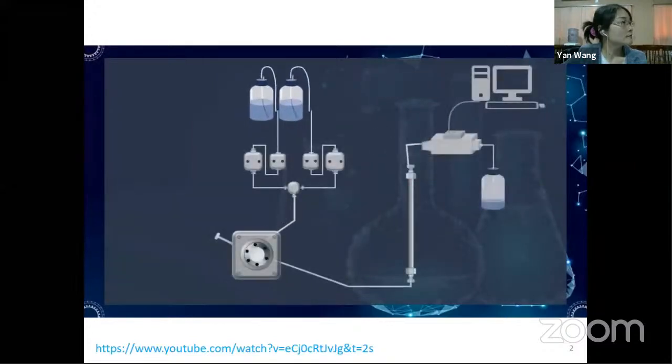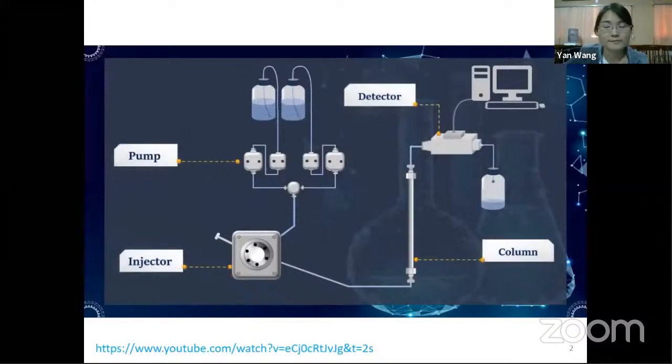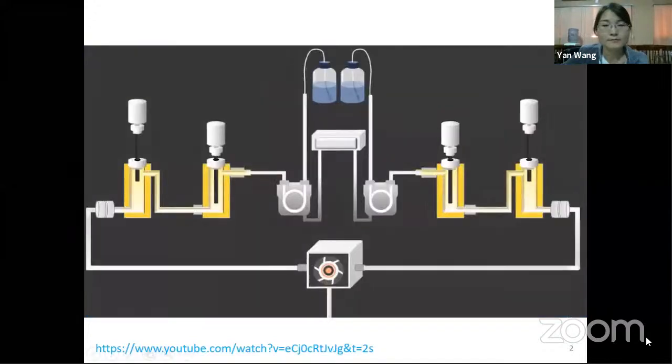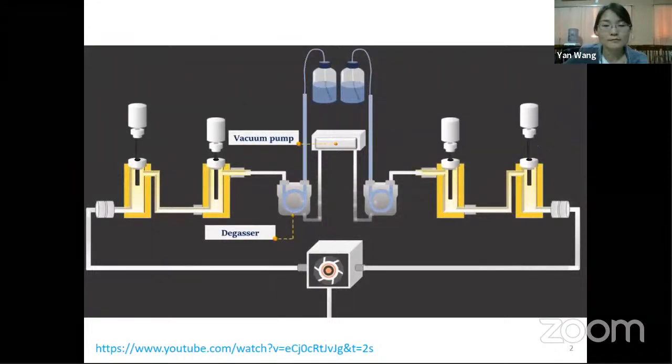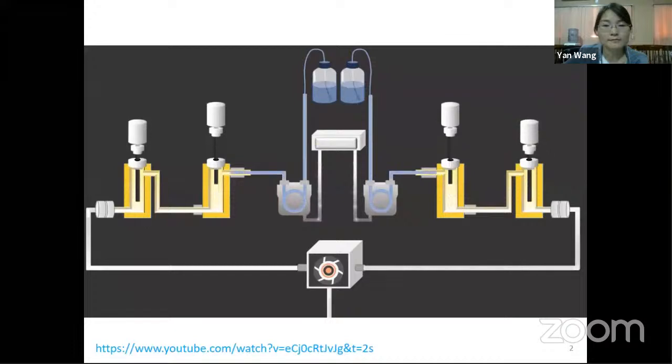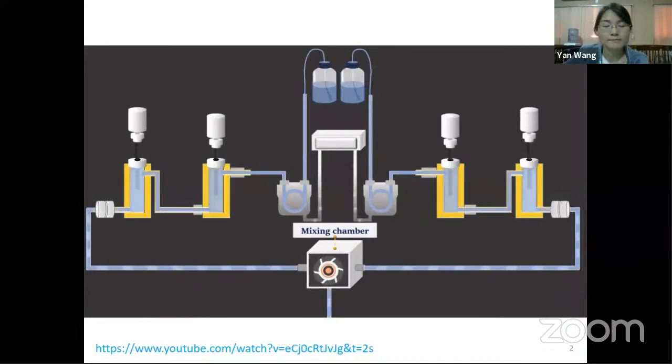The pump forces the mobile phase through the column, and then the detector, under high pressures. In the HPLC system, a vacuum pump and a degasser are connected to the pump and used to remove dissolved gases from the solvents. The pump drives each solvent to the mixing chamber, where mixing takes place under higher pressures.